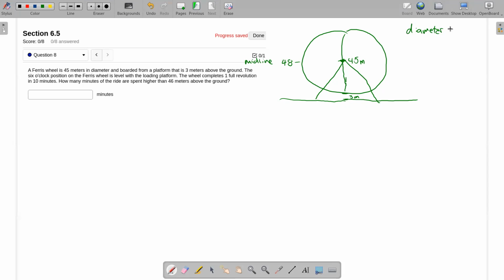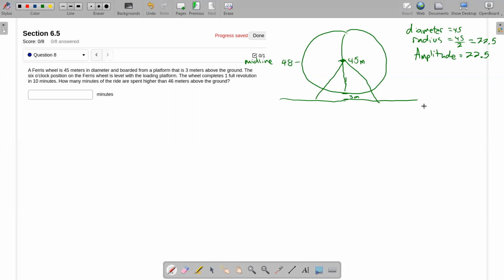Diameter is 45. Radius would be half of that, which would be what, 22.5. And the radius gives us our amplitude, right? How far up we go from the midline, how far down. So our amplitude is 22.5.